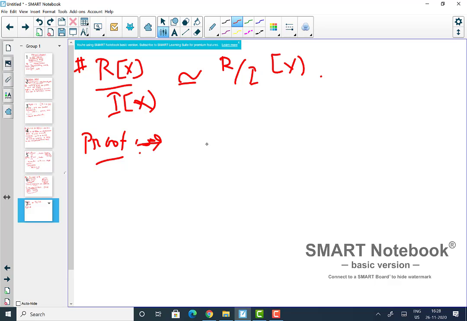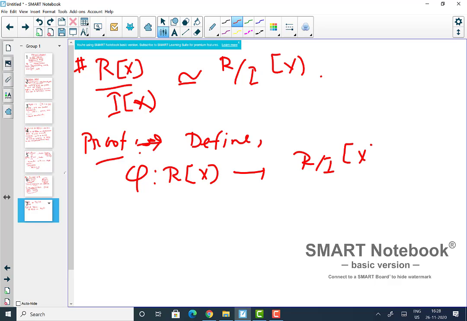So what do we do? We define a map phi from R[x] to (R mod I)[x]. What is the natural map? You send a polynomial f(x) to f bar of x. What is f bar of x?